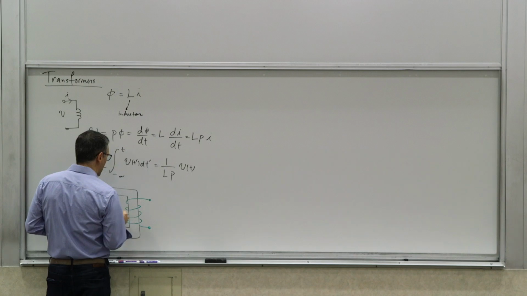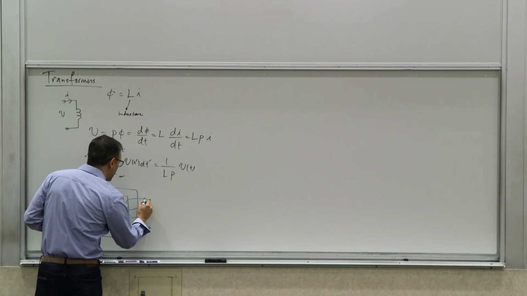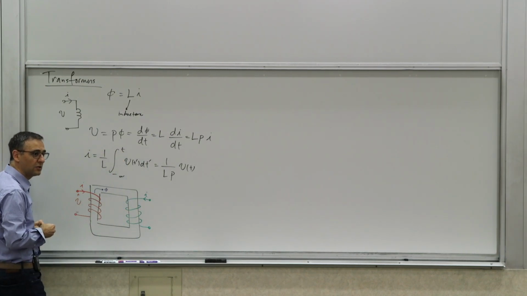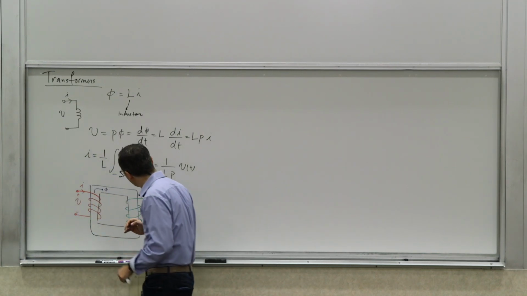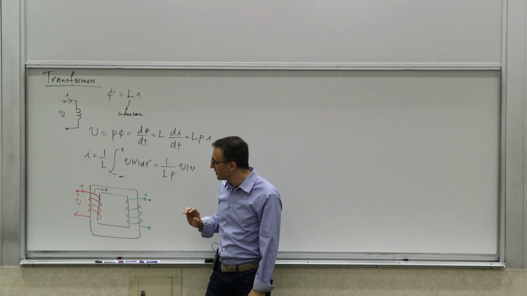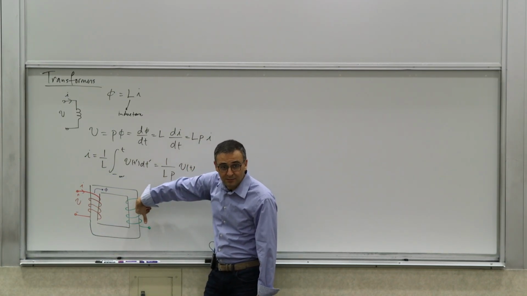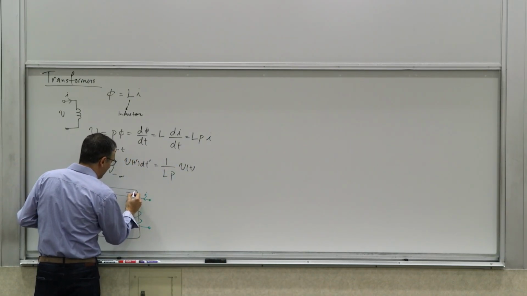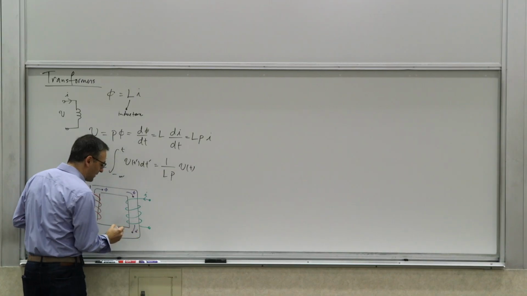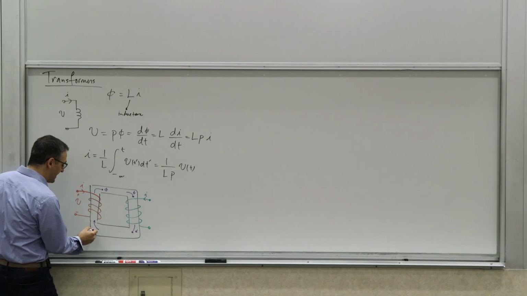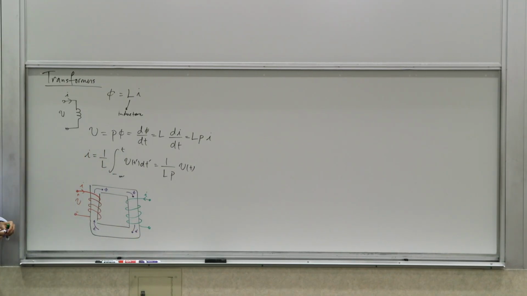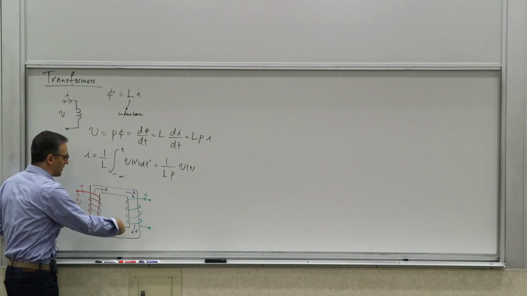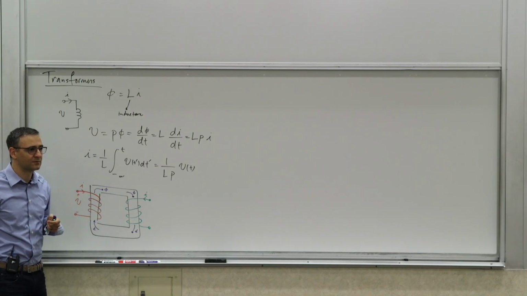And now let's say there's a current going in this direction into the transformer, what way would it induce magnetic flux? Think about it, right? It's going to produce a magnetic flux that would be coupled this way, or this way. In this case, you can see that they both produce this magnetic flux in the same direction, right? They're both producing a magnetic flux that in this picture goes clockwise.